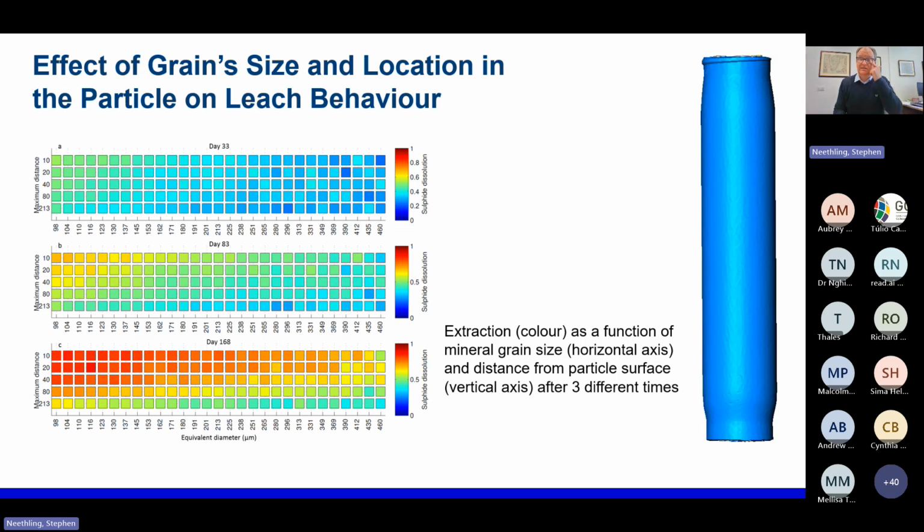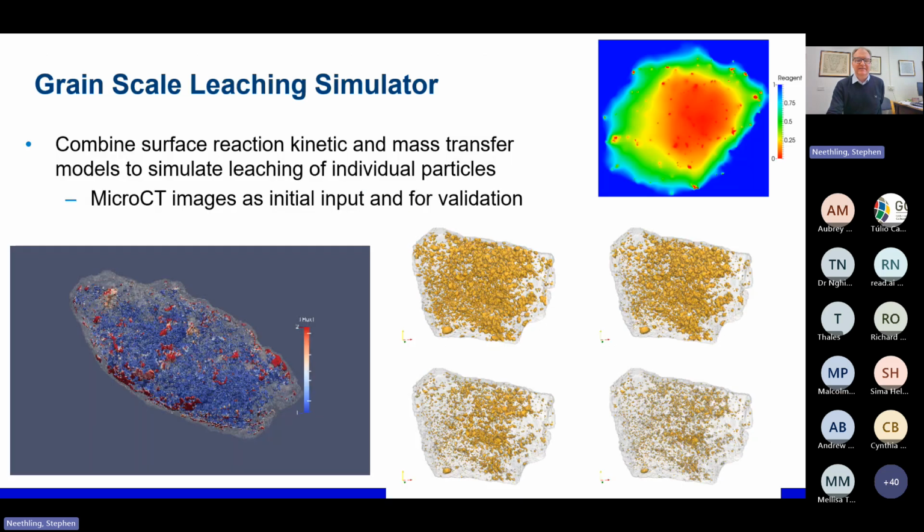These ones are tracked for, I think, 168 days, so about 4 months. And we were able to track the leaching of every single individual grain. So we were tracking the leaching of millions of sulfide grains within each of the particles. So we could really understand the particle scale kinetics in the system.